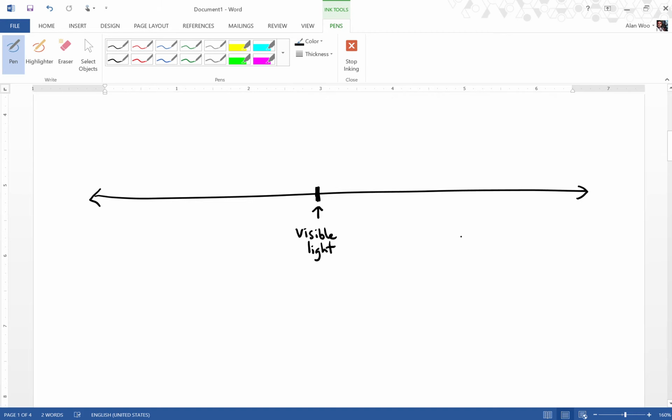In terms of what you see as light, you actually see colors. And there is an acronym that is used to show people how you can memorize all the colors in order. That acronym is Roy G. Biv.